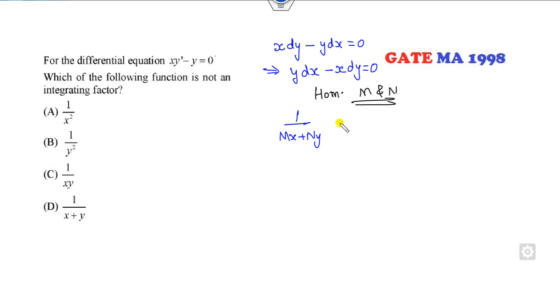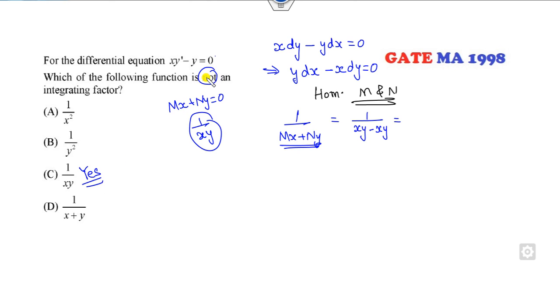Mx plus Ny. M is my y, so it's xy minus xy. This is 0. Whenever Mx plus Ny is 0, what I told you, the integrating factor is 1 over xy. So yes, this is an integrating factor, but they are asking about the one that is not.